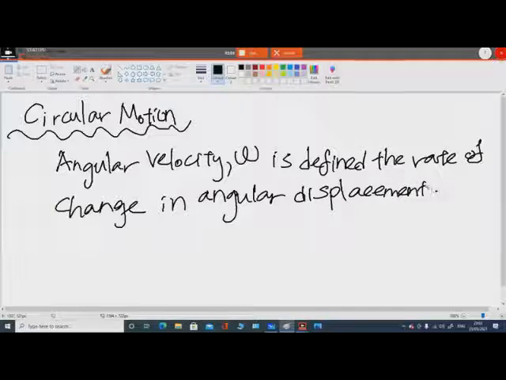The formula given here is angular displacement divided by time taken.